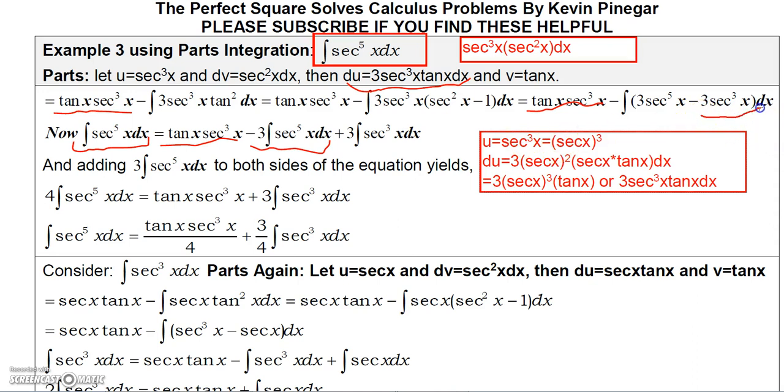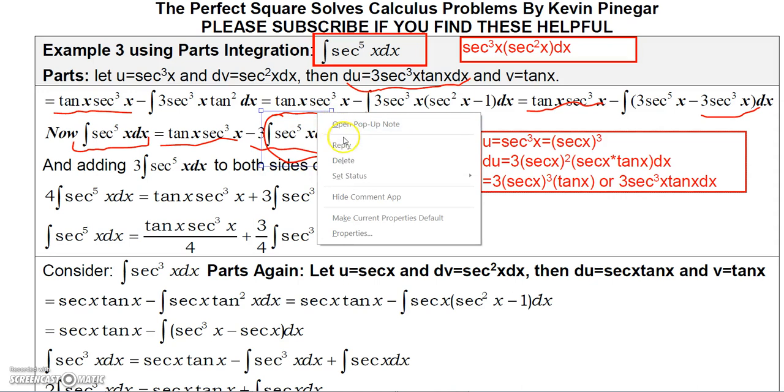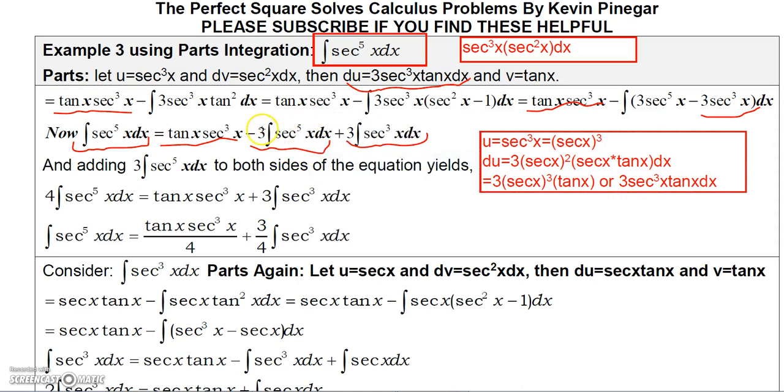And by the way, it's plus because there's a minus out here, and so minus times a minus is plus. So plus 3 times the integral of secant of x quantity cubed. Now, notice that this integral right here involves the integral of secant fifth x. And that's actually the integral I'm looking for.